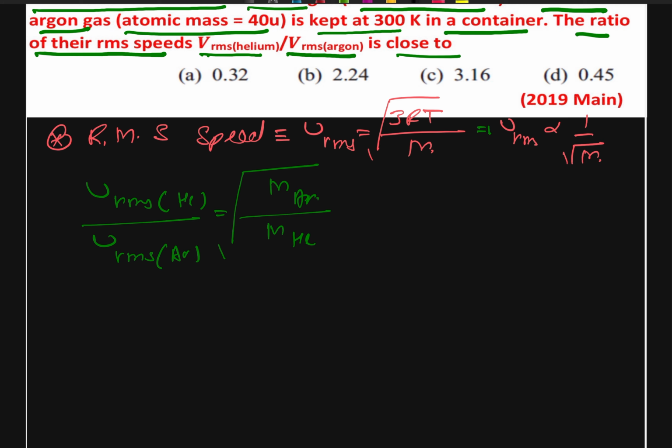The molar masses of argon and helium are given to us, so we simply substitute them. We get this as 40 upon 4, which comes as square root of 10, approximately 3.16. So option C is correct.